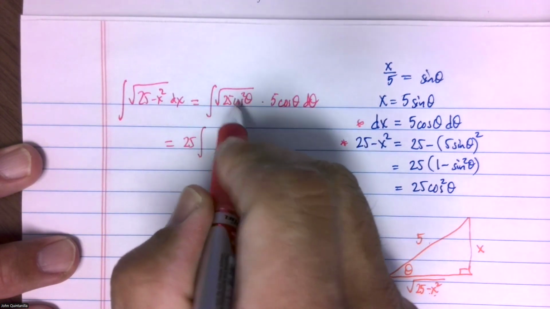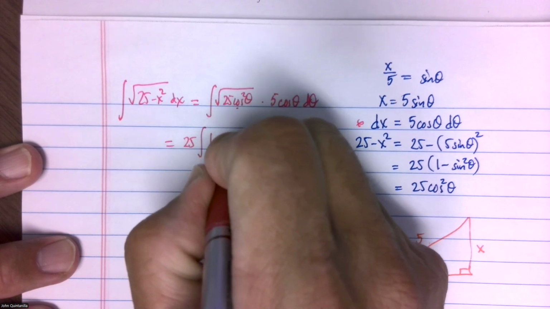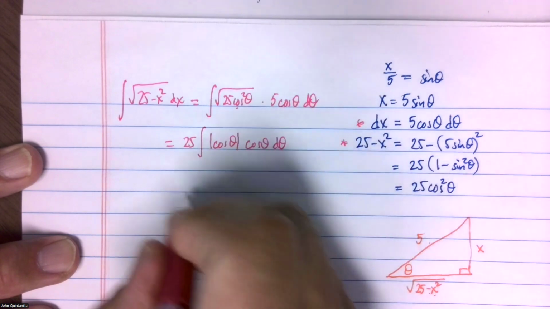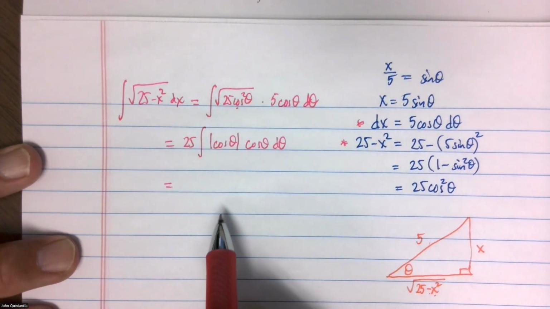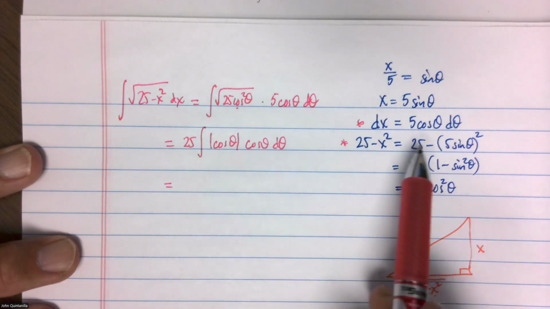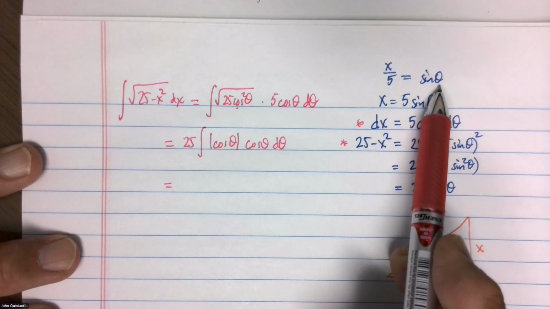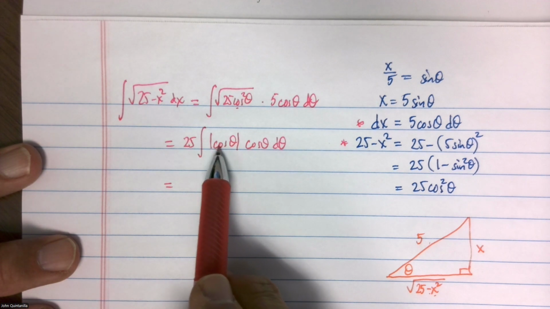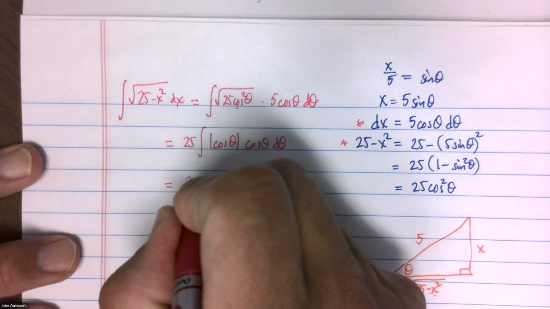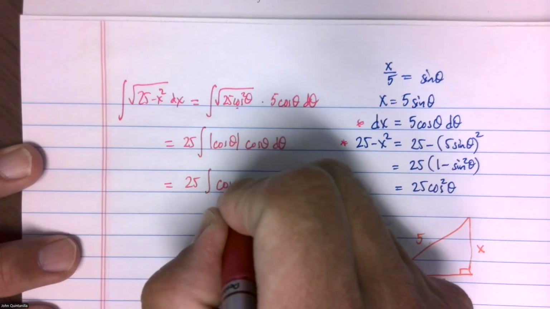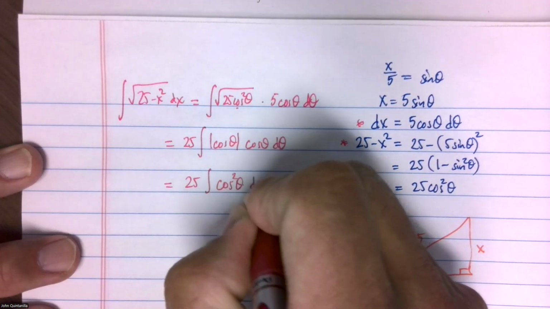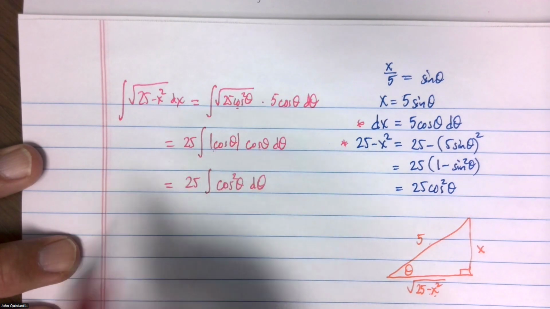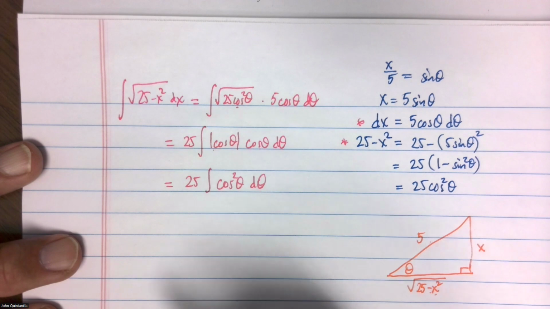The square root of cosine squared theta is the absolute value of cosine theta, times cosine of theta d theta. Now, ordinarily, we would be stuck here, except for the fact that we've rigged things so that the angle theta is between negative pi over 2 and pi over 2, which guarantees me that cosine is positive. And so we have 25 times cosine of theta squared d theta. The absolute value signs go away because we're guaranteed that cosine of theta is positive.